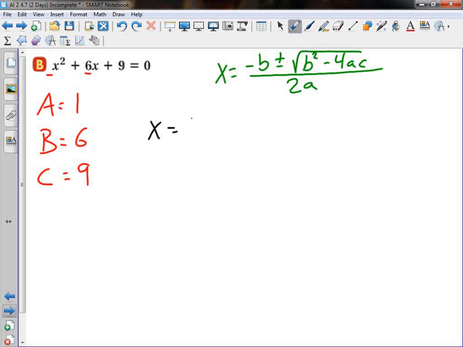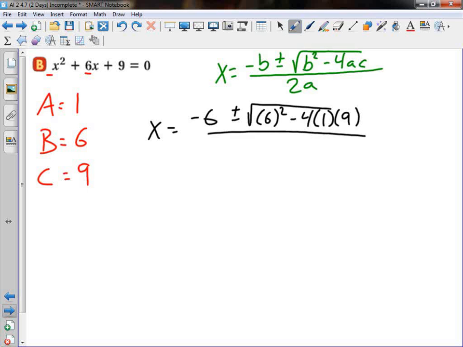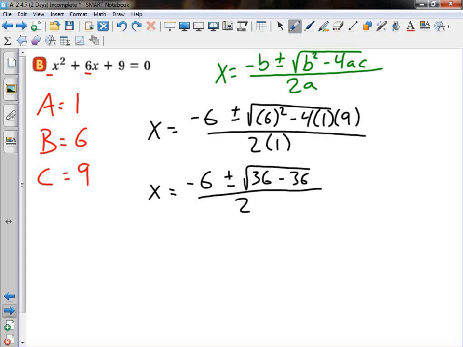Opposite of b, well, it's going to be opposite of 6 plus or minus square root of 6 squared minus 4 times a times c all over 2 times a. Time to do our simplifying. And we're going to do the simplifying underneath the square root sign. So we get 6 squared is 36, minus 4 times 1 times 9 is 36, all over 2.